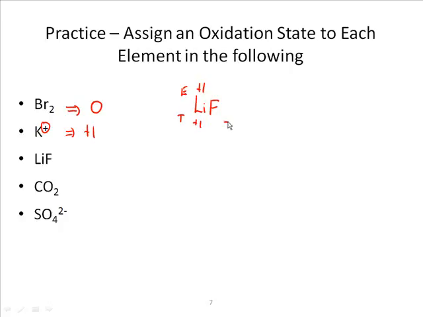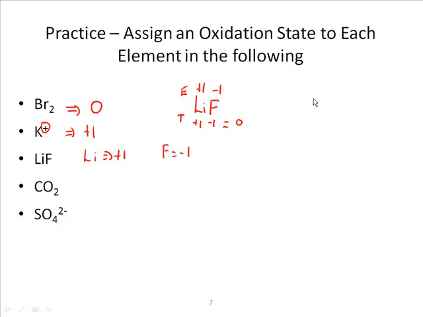Now if we're trying to find out what the fluorine is, one of our rules stated that the sum of oxidation states in a compound must equal 0. If lithium has a +1, then the fluorine has to have a -1 in order to make it 0. So lithium has a +1 and the fluorine has a -1.